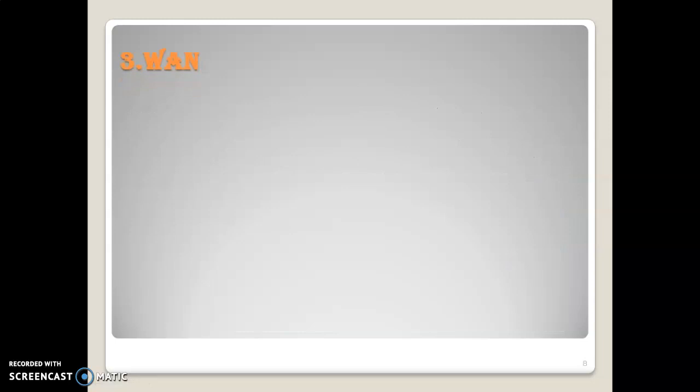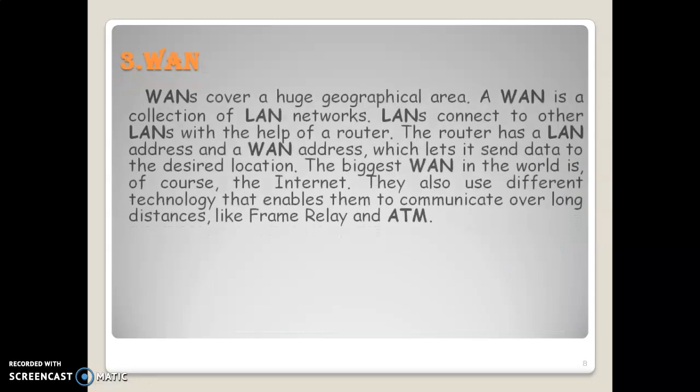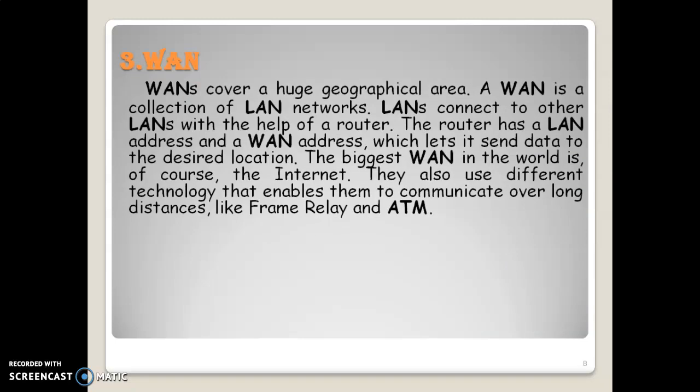The third type of network is the wide area network, known as WAN. It covers a huge geographical area. When many MANs are connected with each other, or many LANs are connected with each other, they form a WAN. Here we need some routers, and the routers contain the address of the LAN, the address of the MAN, and if they form a WAN, the address of the WAN also.